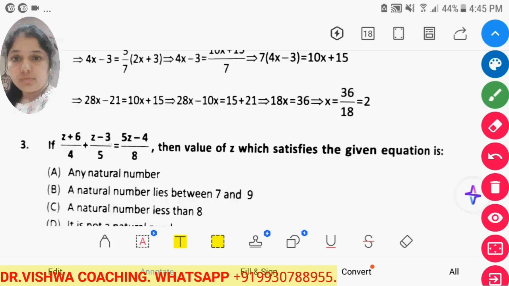Now, the same way you have to solve this also, but before solving this equation you have to convert the fractions into like fractions.